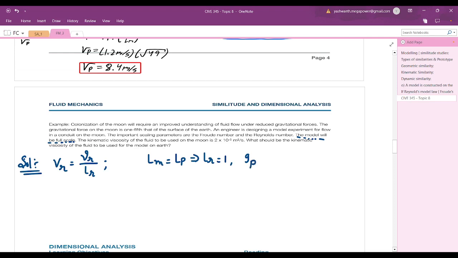So acceleration due to gravity in the prototype is one-fifth of the gravitational force on earth, that is in the model. Therefore, GR is equal to what? Gm by Gp, isn't it? Which is equal to 5. So this is the result we got from Reynolds model law, right?